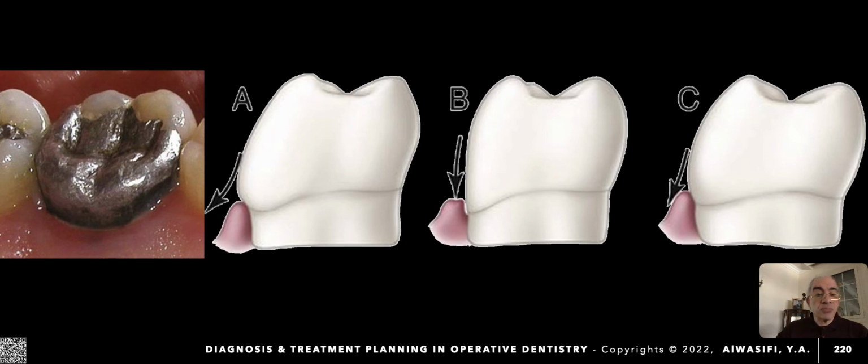undergoing an inflammatory process. And those are schematic diagrams showing you what happens if you are over contouring it, then your food bolus will be deflected away from your gingiva, or if it is flat, under contoured due to over carving, then it will hit your gingiva, causing traumatic damage to your gingiva.